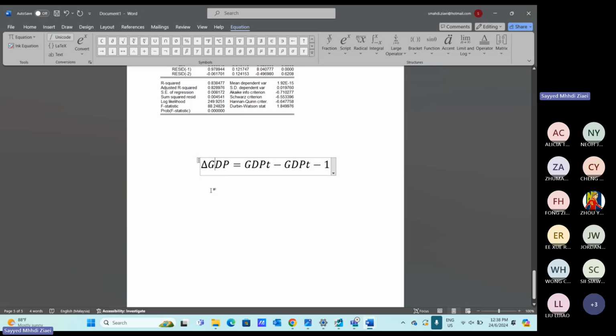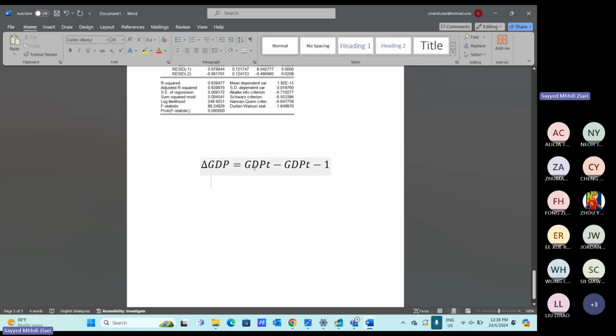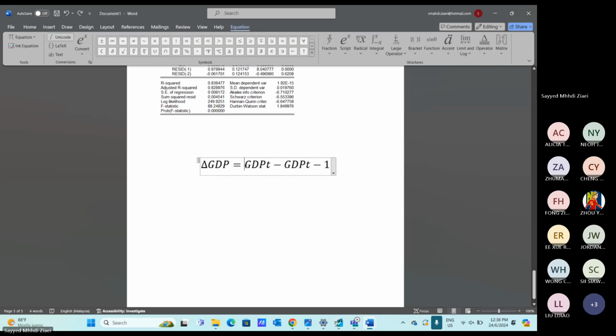So it means if you want to find delta GDP between 2022 and 2021, you should find GDP of 2022 minus GDP of 2021 to get delta GDP. So finding the first difference is one of the main solutions to resolve the problem of autocorrelation.